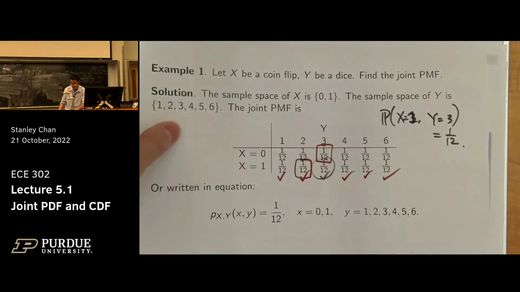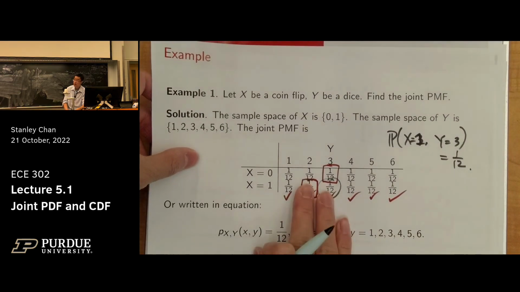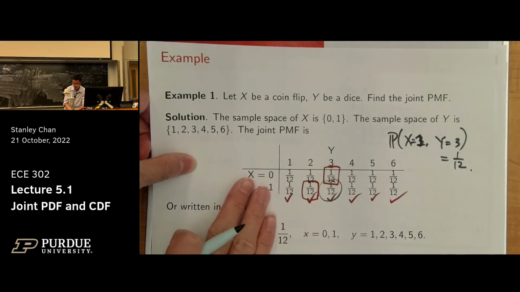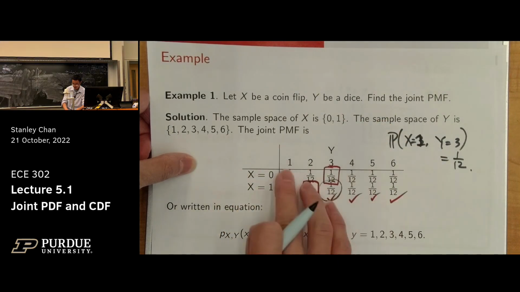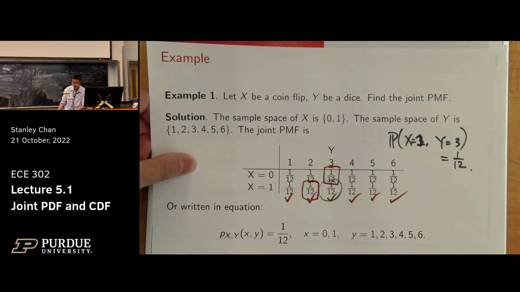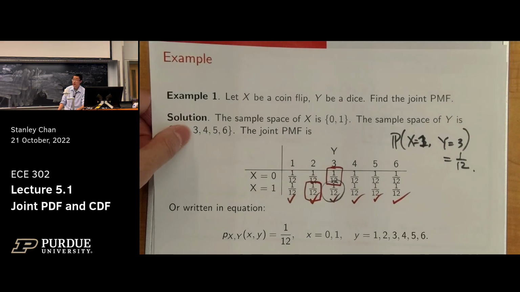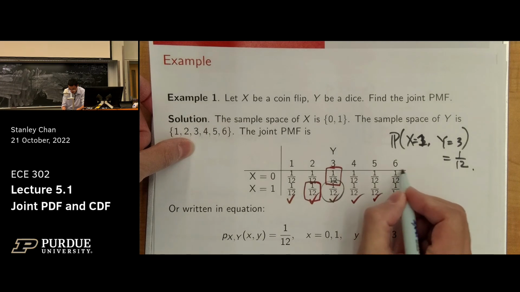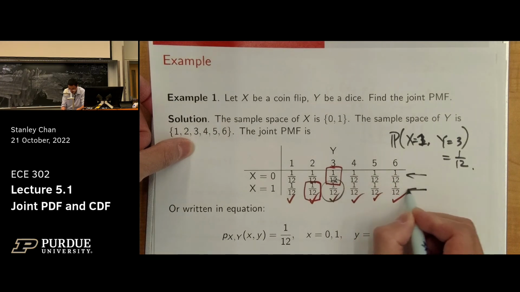Here is a very good way to convince you. If you look at this example here, the coin and the die example, you have the two cases, 0 and 1, and the 6 cases, 1 to 6. What is the PDF of x? The PDF of x we know is a coin flip. It has to be 1/2 and 1/2, right? We know that. How to get it? Well, just integrate or sum horizontally.